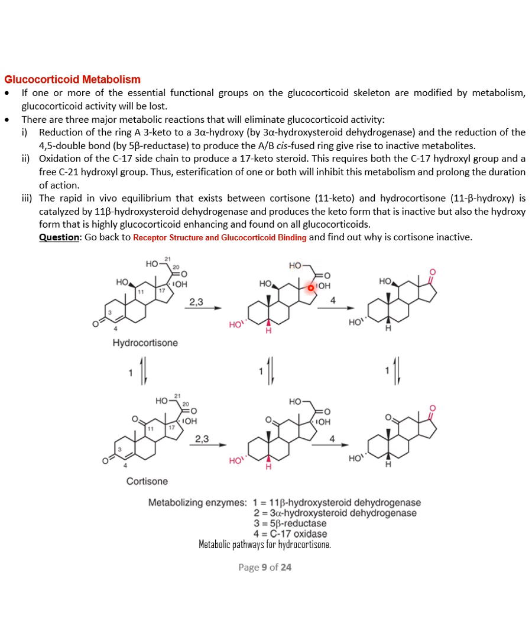So this reaction here, number 4, is carried out by the enzyme C17 oxidase. Oxidation of this C17 requires the presence of these two groups to produce this keto form, which is again inactive.